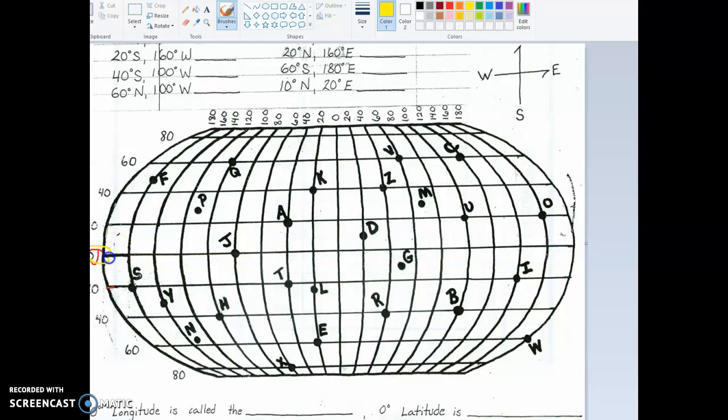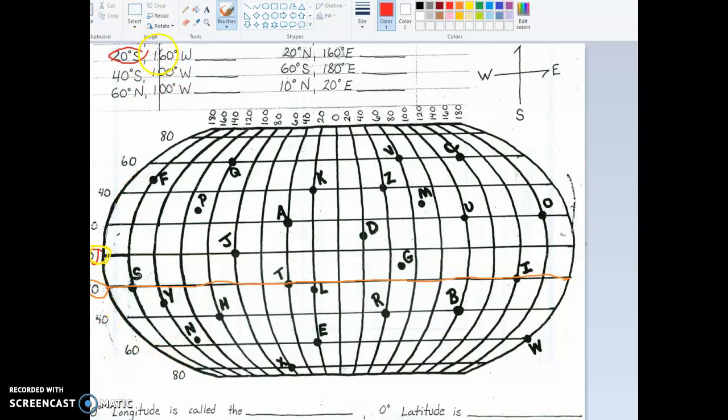So right here at 0, and we know we're going south. Okay, we're going towards the South Pole. So here's our 20 degrees south. So we know our point's got to be somewhere along this line. Okay, that was my 20 degrees south.